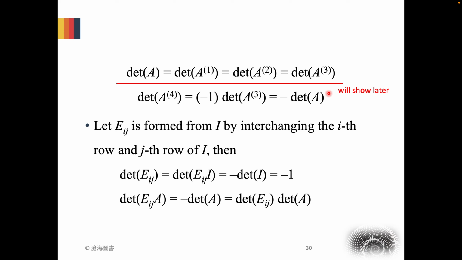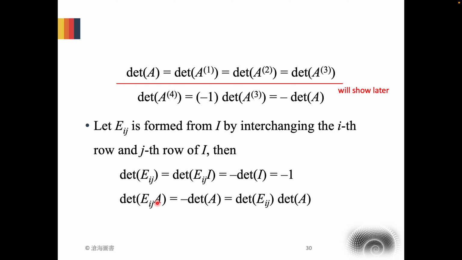So this is the result if we interchange two rows. And minus determinant A, since we already know the determinant of Eij is equal to -1, is equal to determinant Eij times determinant A. So remember this. This is another important property.